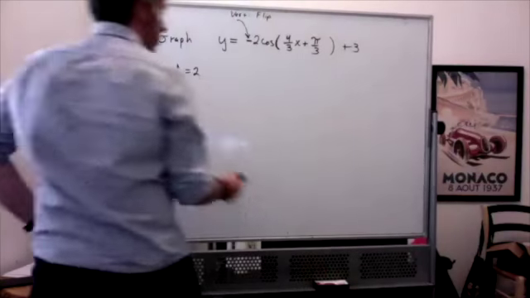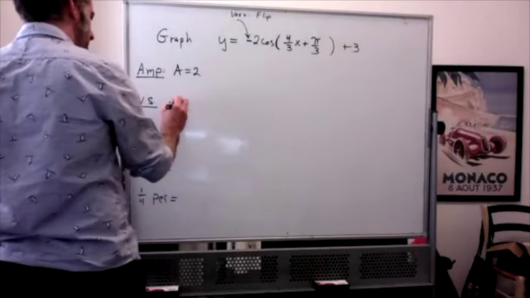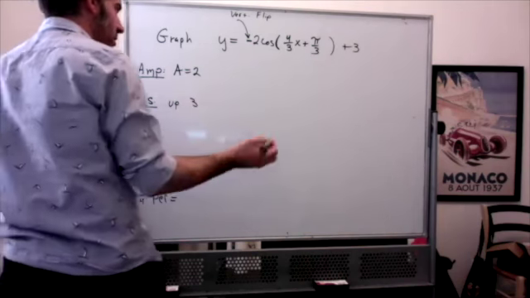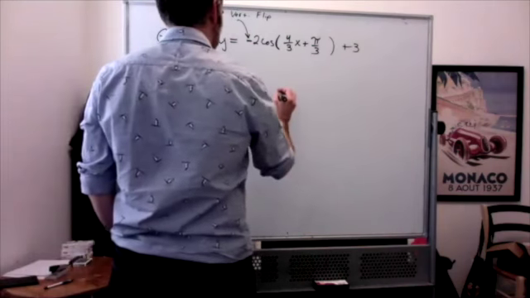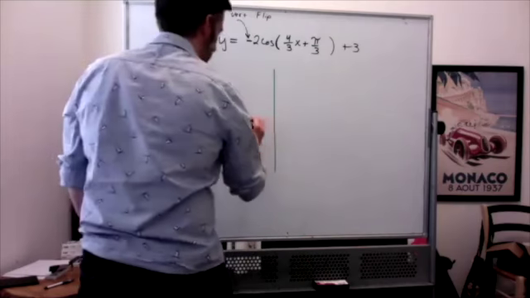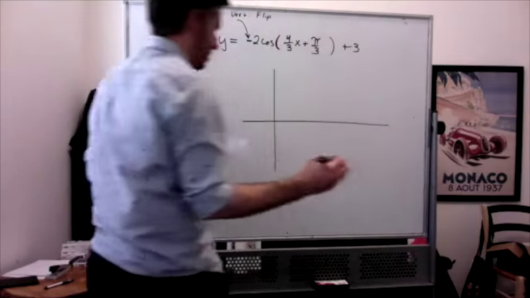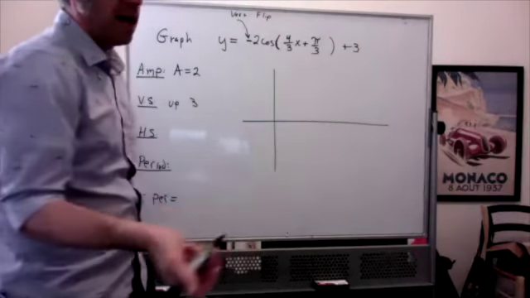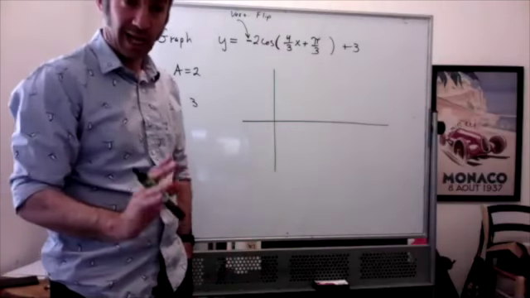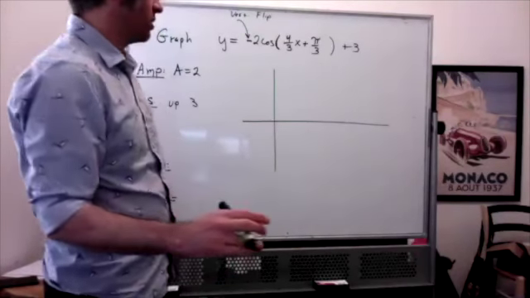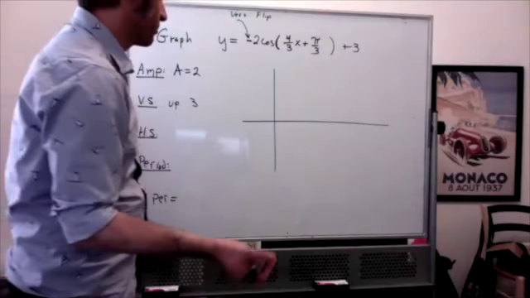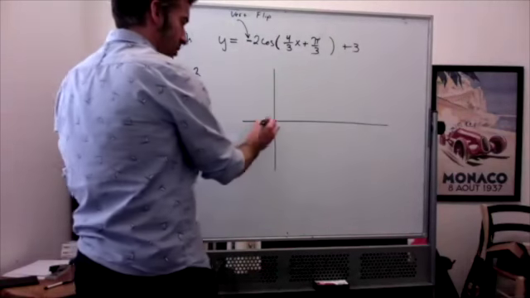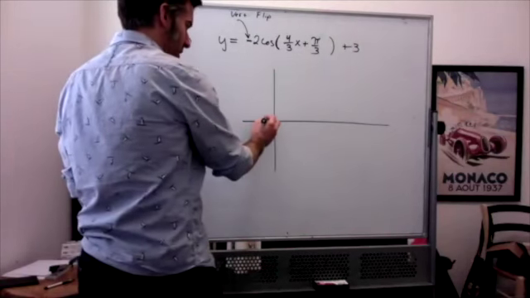And we know that our vertical shift is going to be up 3. So we start drawing a coordinate system. I don't know what my horizontal shift is exactly yet, but I do know that it's going to be to the left. So we know we're going to start somewhere over here.